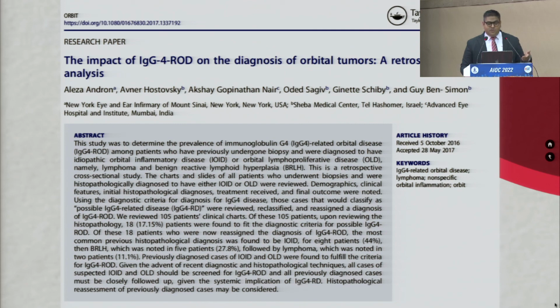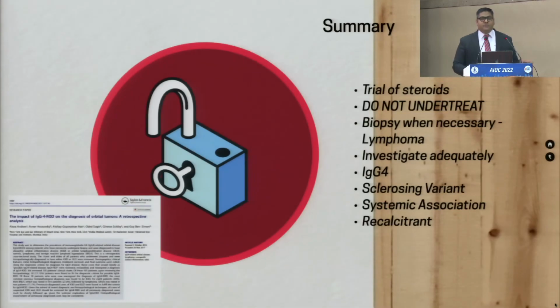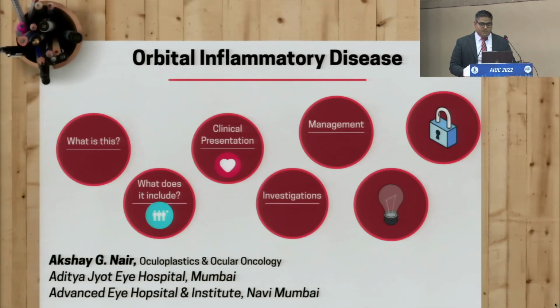So it tells you that almost maybe 1/5 of patients with other orbital pathologies were actually misdiagnosed when they actually had IgG4 related orbital disease. And it's important because systemically we need to tell them about the risk of lymphoma which is there. So I think with that we've covered fairly in detail orbital inflammatory disease.